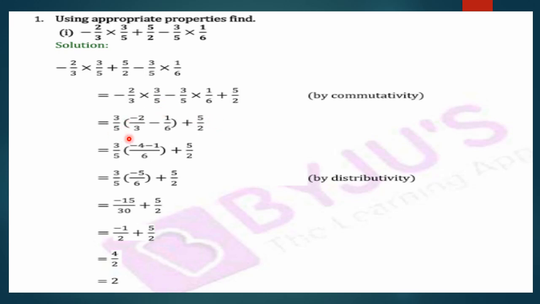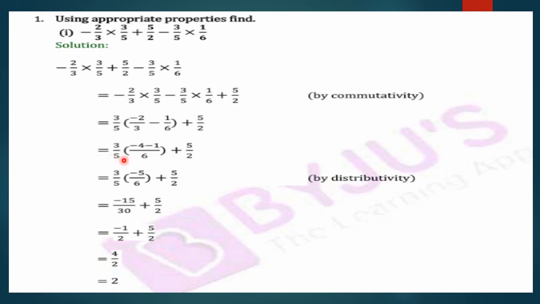So 3 by 5 here, then in the bracket the remaining minus 2 by 3, then minus 1 upon 6, close the bracket, then plus 5 by 2.